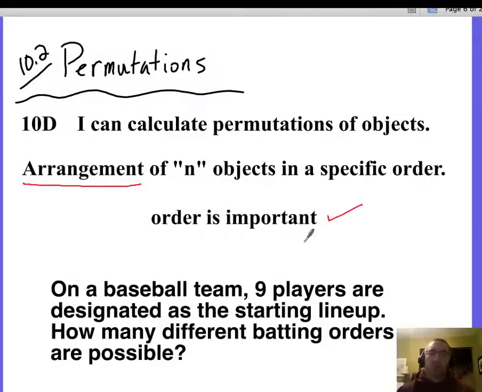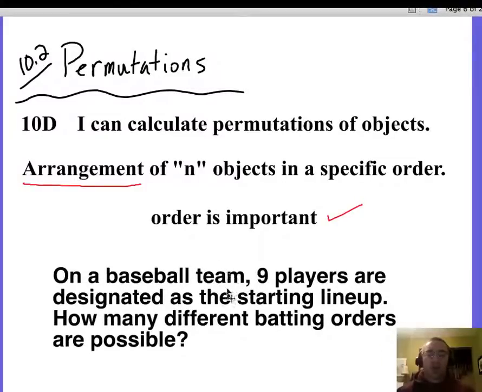One example is a baseball team, right? We have 9 people that play the field, and then we have to come up with a batting order. So we could talk about how many different ways can those 9 players be put into a batting order. That's a permutation. Let's take a look.